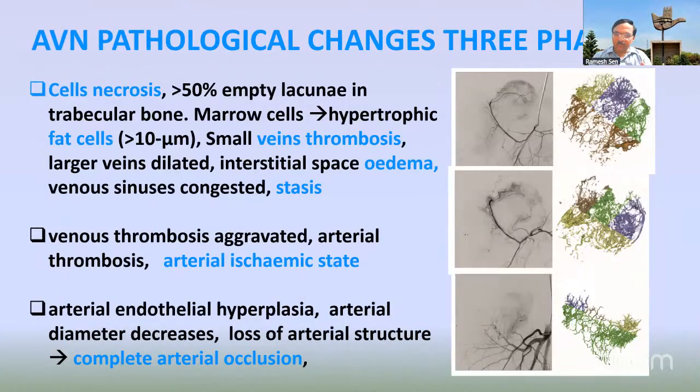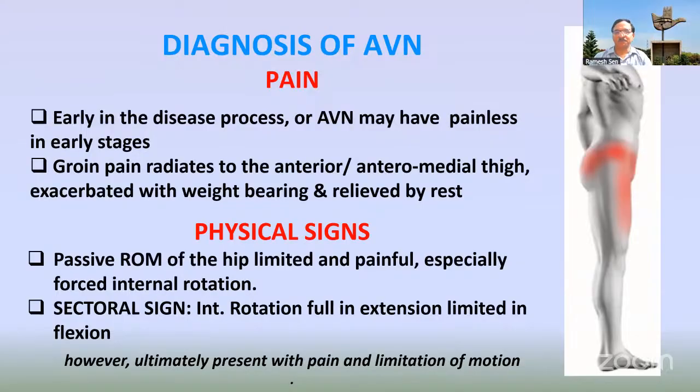If you look at these pathological changes, obviously it starts with cell necrosis leading to hypertrophic fat cells causing venous thrombosis, edema, stasis, and then gradually ischemia, which eventually causes complete occlusion of the area as the pathology goes on.